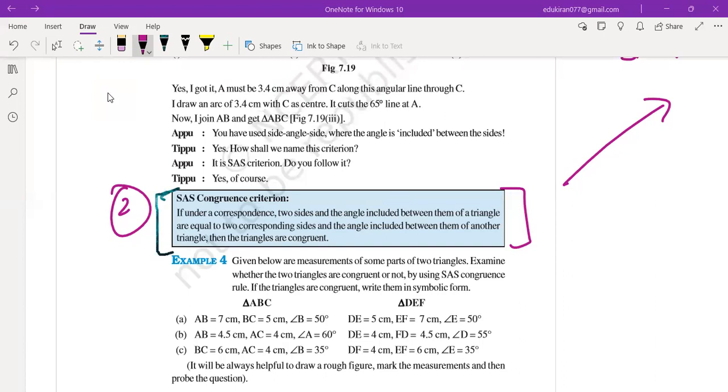Yes, ma'am. So we just have to write the name of the triangles, and say if they're congruent or not. Yes. By using SAS congruence, are they applicable or not? Okay, ma'am.